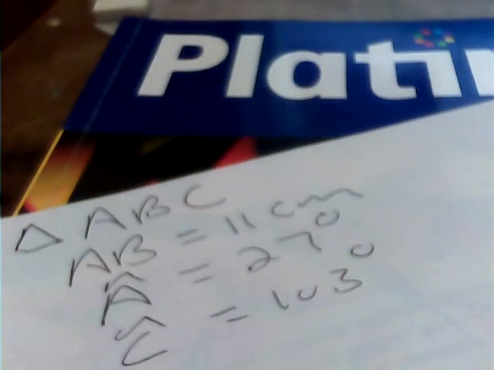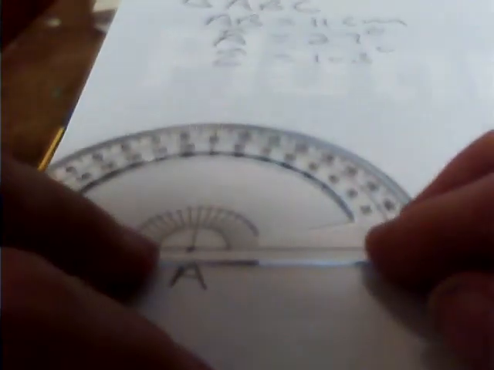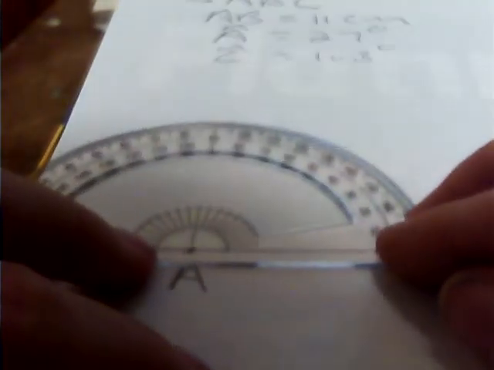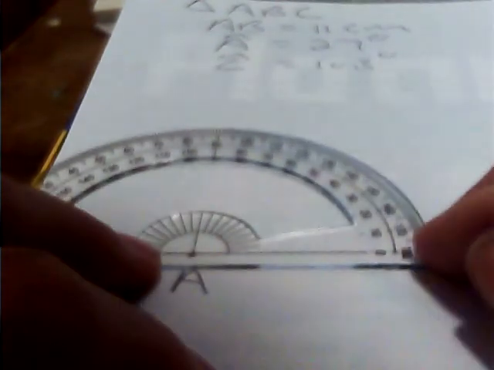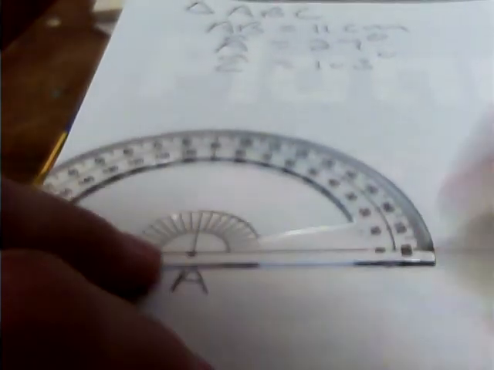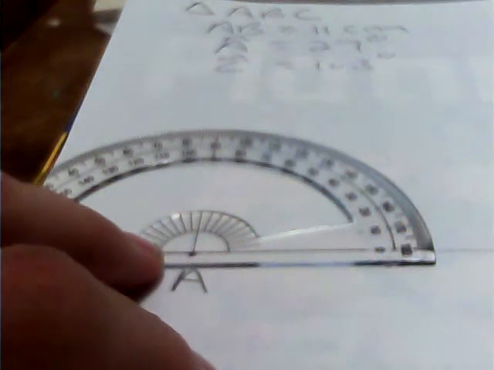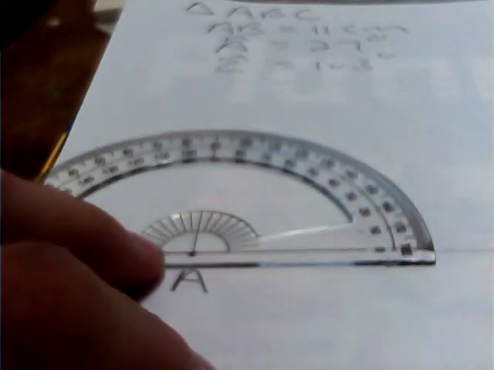Next, we need to use the information that angle A is 27 degrees. So we move to point A, and now we are going to use our protractor to measure the degrees. We need to put the midpoint of the protractor on point A and make sure that the line is on the 0 degrees.